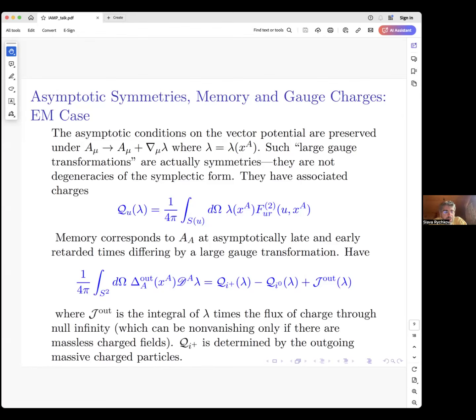I was wondering if your connection with the memory effect allows you to shed additional light on why this procedure works, why infrared divergences go away, because normally this requires an interesting interplay between real emission processes and loop effects. So it's not fully trivial that divergences cancel. Does the memory effect shed any light on why they cancel?